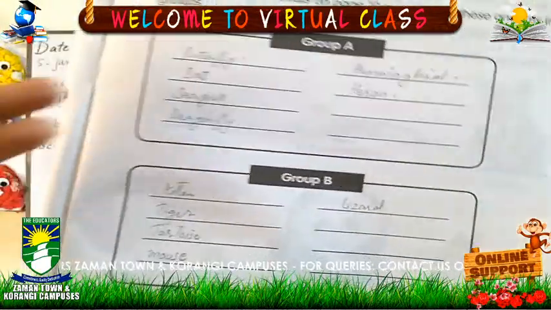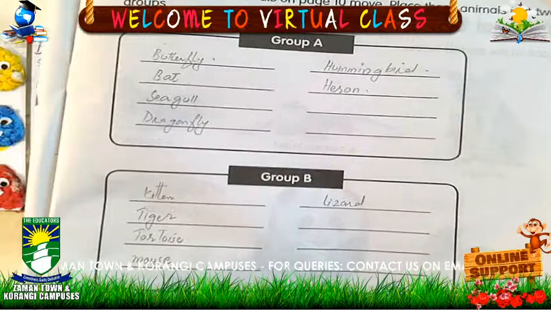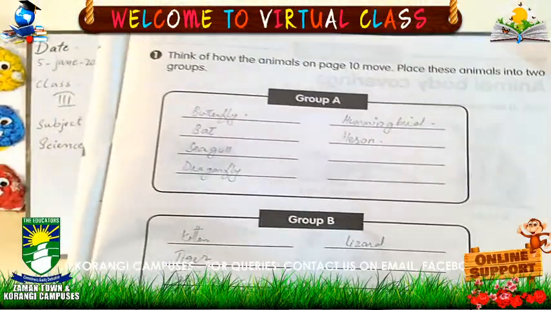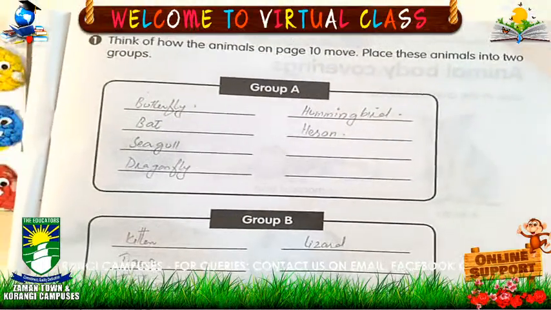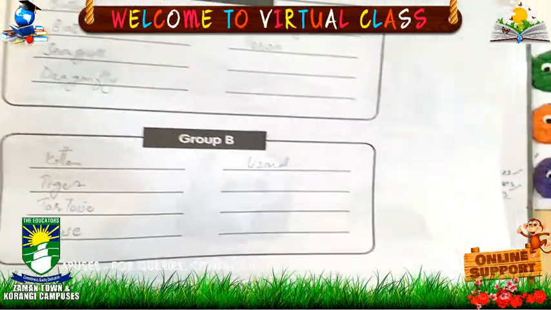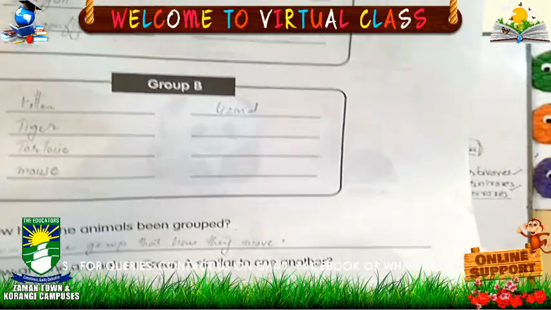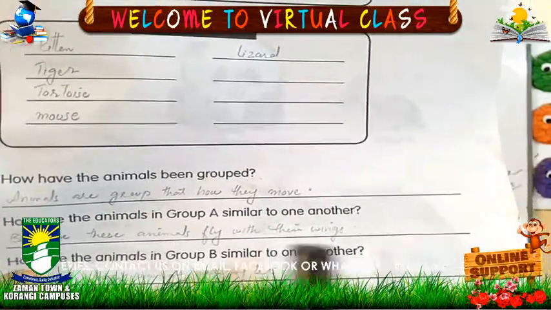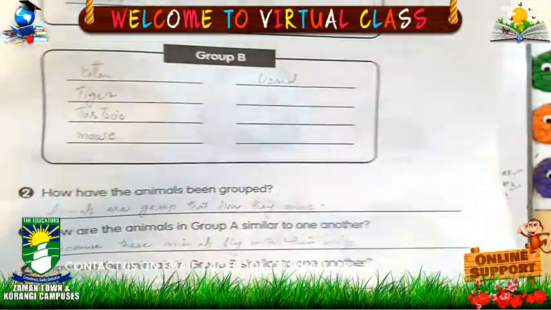Now we have to find the similarity of group A, why we added all these animals in group A. What is the similarity among these animals? Yes, because these animals fly with their wings.